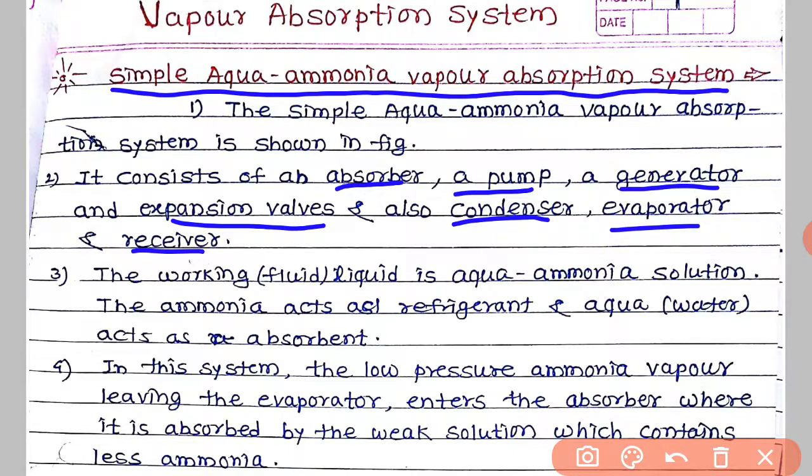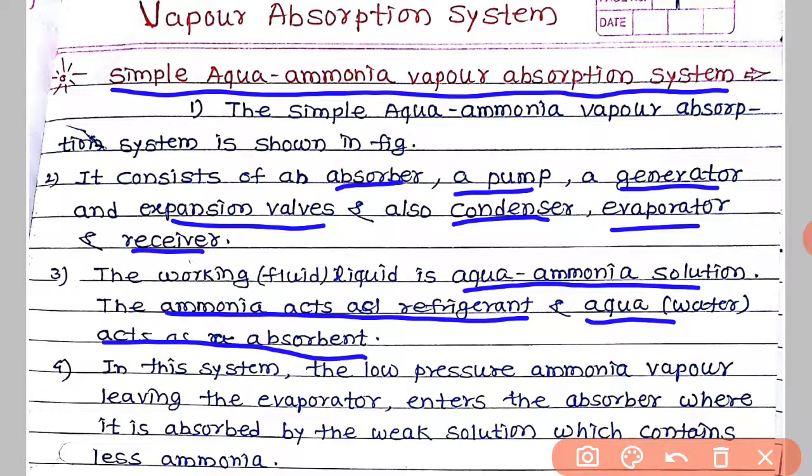Those are the important parts of the simple aqua ammonia vapor absorption system, in which ammonia is used as a refrigerant and the solution is aqua ammonia. So the working fluid is aqua ammonia solution, and ammonia acts as a refrigerant and aqua acts as an absorber.